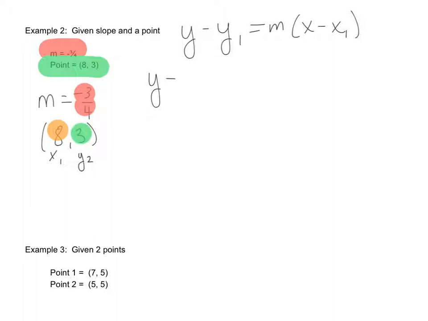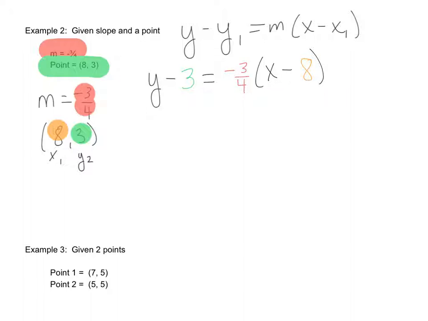So y minus that y1 value, which is 3, equals my slope, which is -3/4, times x minus, and I'm going to put in my x value of 8. Right? So now I've got the equation in point-slope form.